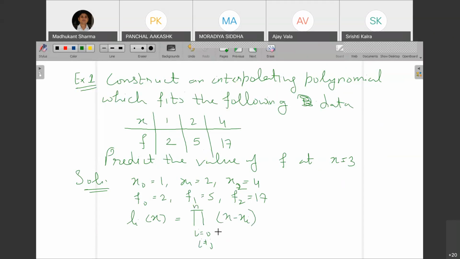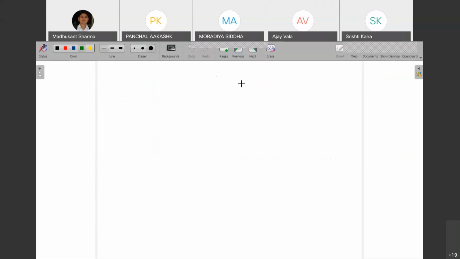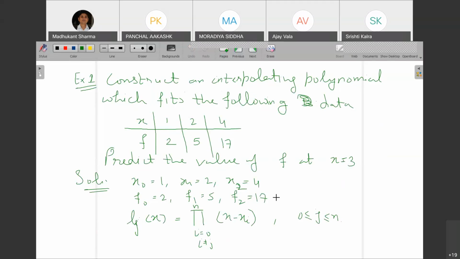Yes, this is Lj of x, where j is running from 0 less than or equal to j less than or equal to n. If you look here, j equals 0, 1, and 2, so the n value is 2 here.